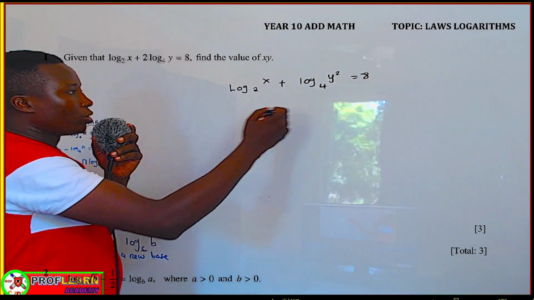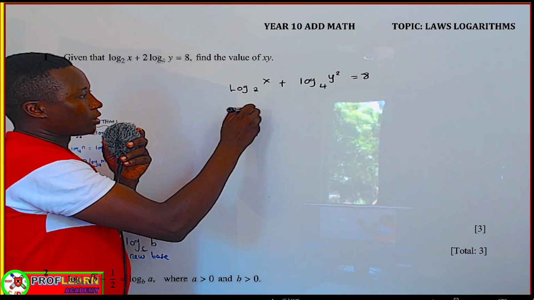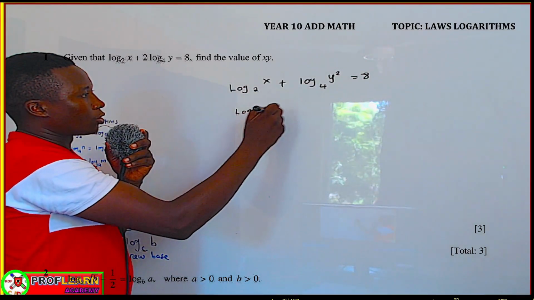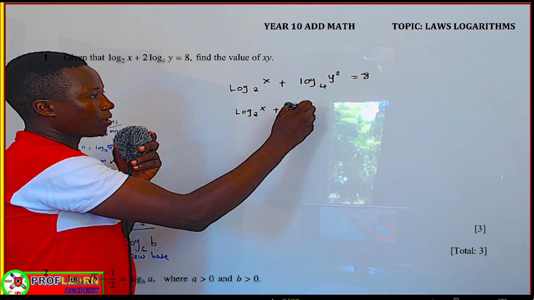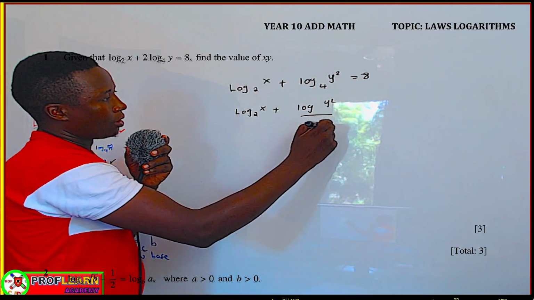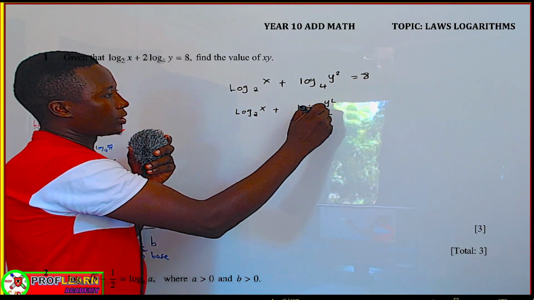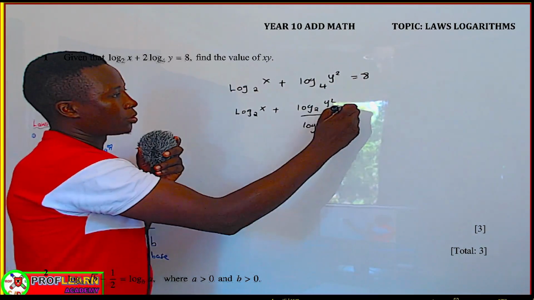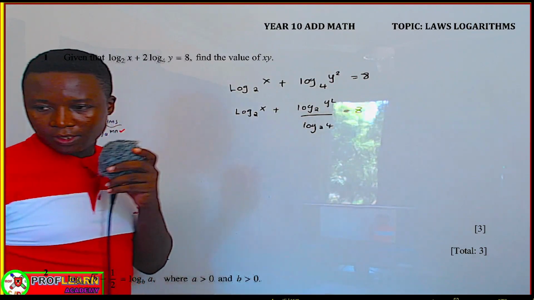So if we want to introduce a new base, we are going to say this is log of x base 2 plus log of y squared over log of 4, then we shall introduce base 2, equals 8.